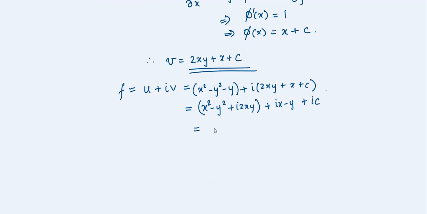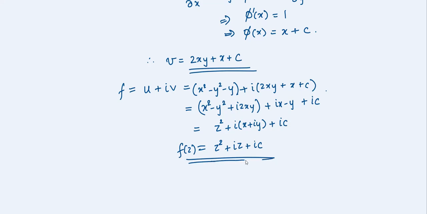So this is z square. If you take i common, write this as plus i square, this is x plus iy. So this is z square plus iz plus ic. This is the function.